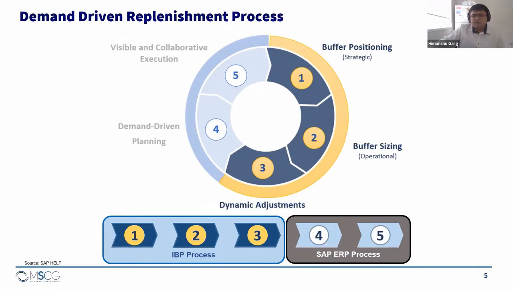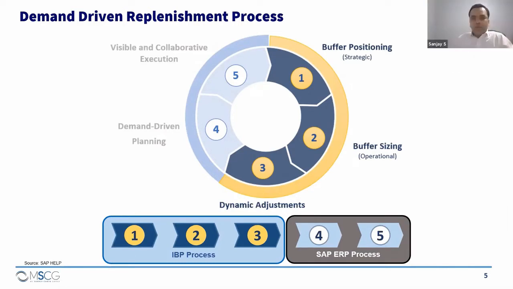Then IBP uses a user-friendly web and Excel UI, and it provides a seamless transition for planners who are already using Excel for their day-to-day planning tasks. It helps curtail the effort and cost associated with training and change management when it comes to implementing the demand-driven replenishment process. The tool can help there.